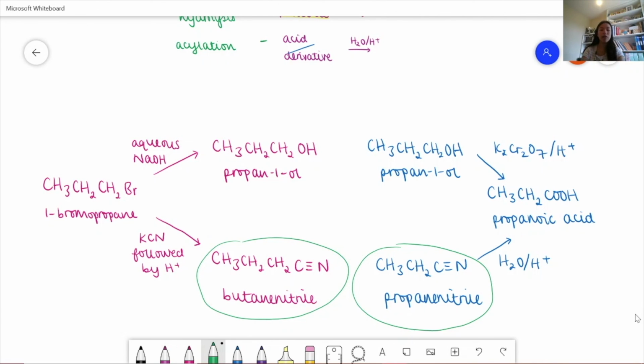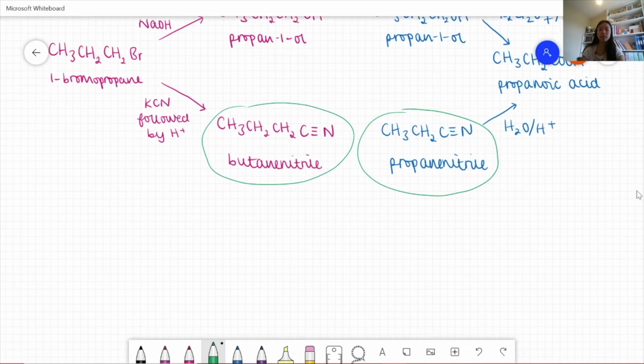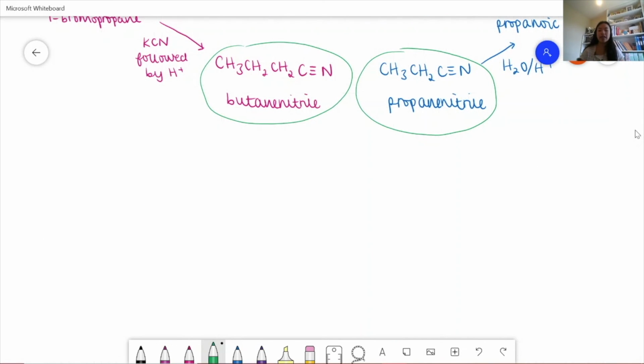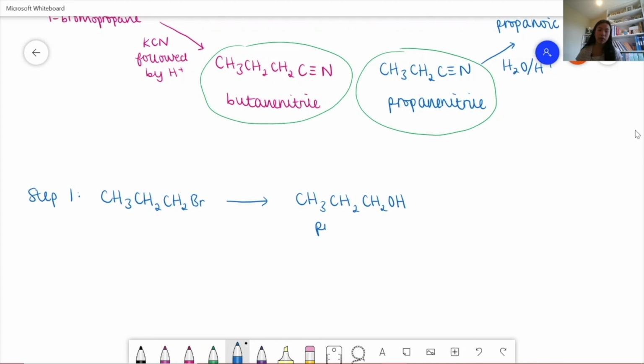So we've now found our reaction scheme. So what we have is that for step 1, we have 1-bromopropane, so CH3, CH2, CH2, Br, and this will form our CH3, CH2, CH2OH, which is our propan-1-ol.